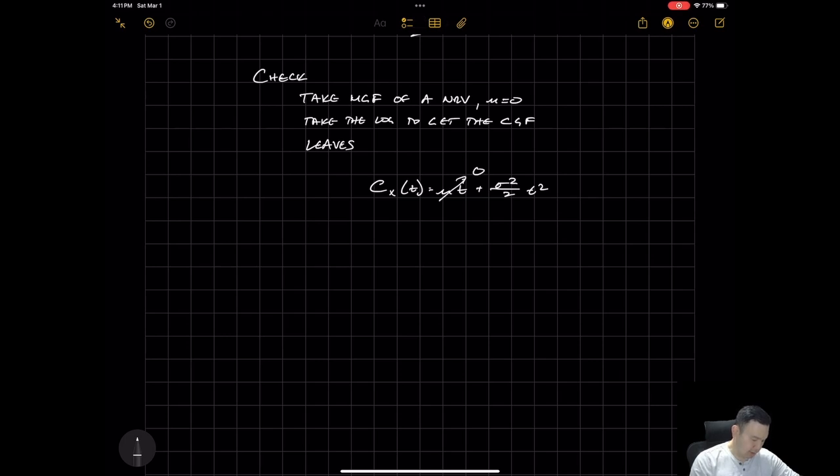But notice that with our zero mean random variable assumption, the only add-in in our cumulant generating function left over is sigma squared over 2 t squared, which matches the exact same limiting cumulant generating function form that we just derived previously.